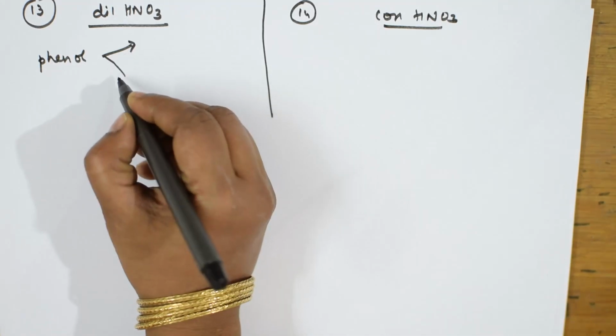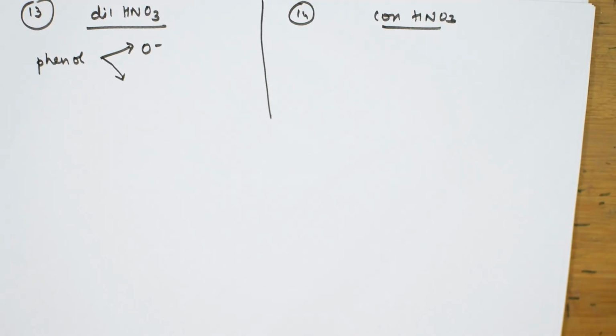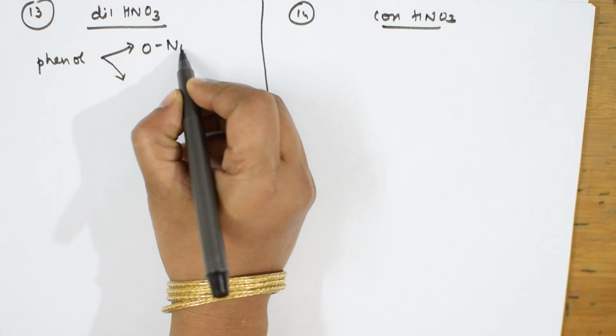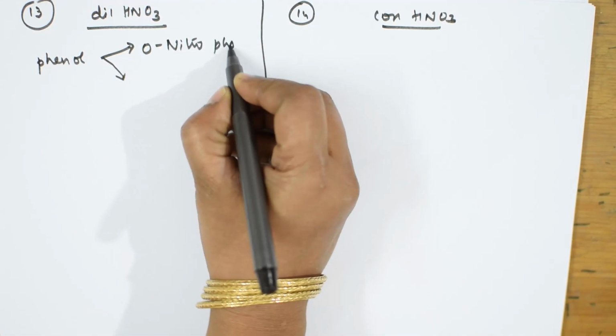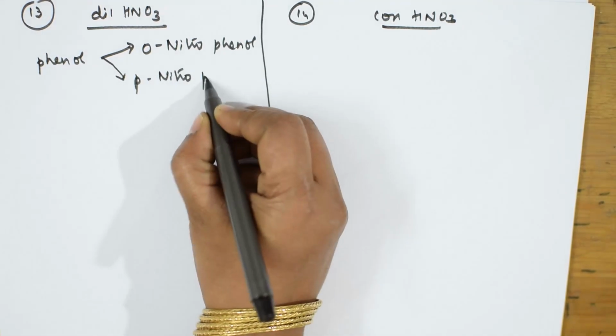It's going to convert phenol into orthonitrophenol and paranitrophenol. Okay, right? If dilute HNO3 is there in the reaction along with phenol, it's going to convert into orthonitrophenol and paranitrophenol. Done? Yes.